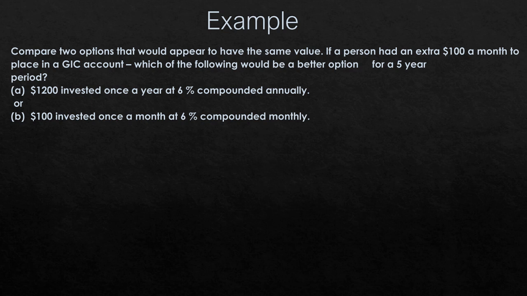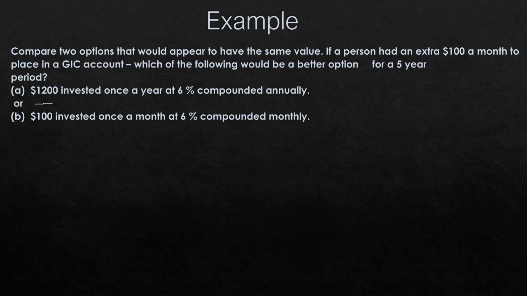Which of the following would be a better option for a 5-year period? So both will sit there for 5 years. The first version is $1,200 invested once a year at 6% compounded annually. And for part B, we have $100 once a month and it's compounded monthly.